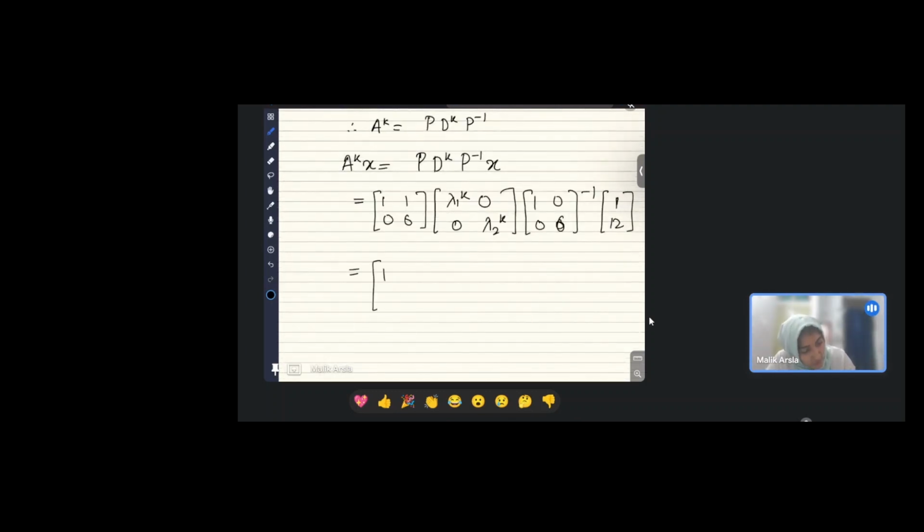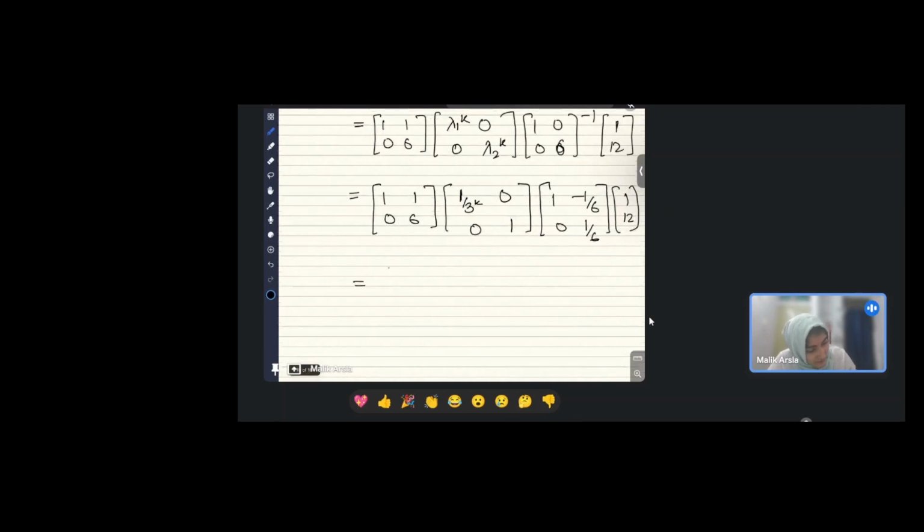Now here lambda 1 is 1/3 to the power k, then 0, 0, and 1 to the power k is nothing but 1, so I'll write it as 1. Now calculating the inverse is simple. For a 2 cross 2 matrix, you know how to calculate the inverse, and now here it is again [1, 12].